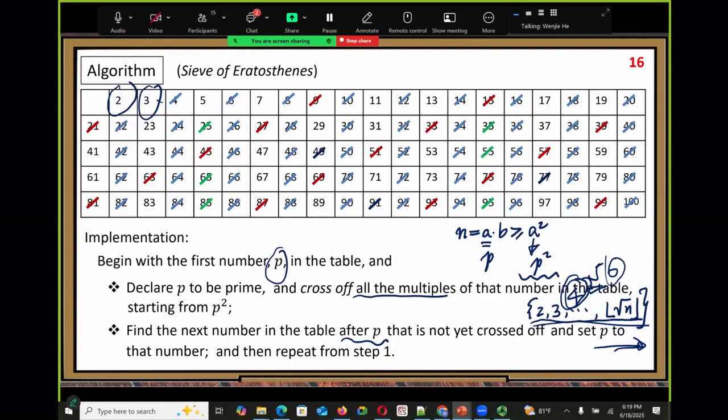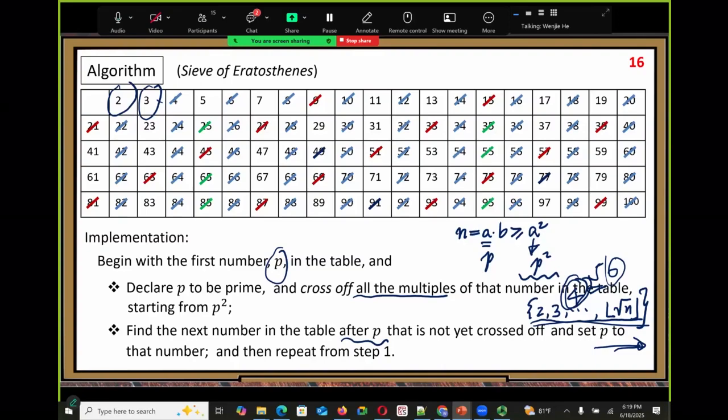So you do useless work, but the code is easier to write. So in this situation, we take the easier coding way.